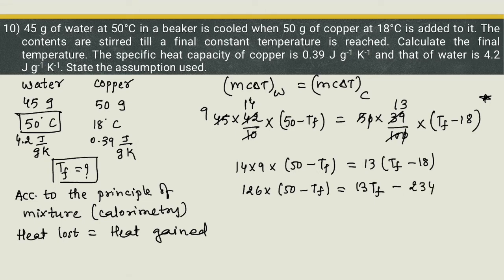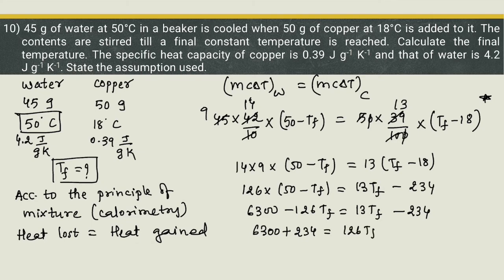Let us open the bracket on the left side now. That is 126 into 50. That is 6300 minus 126 TF is equal to 13 TF minus 234. So that will be 6300 plus 234 is equal to 126 TF plus 13 TF.